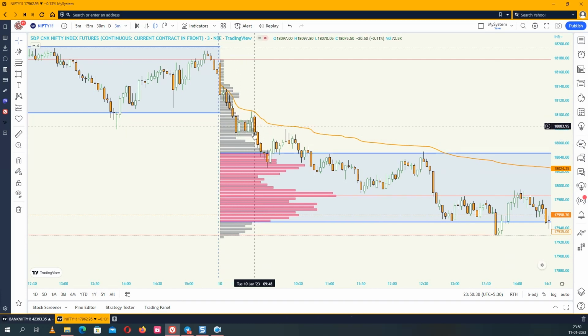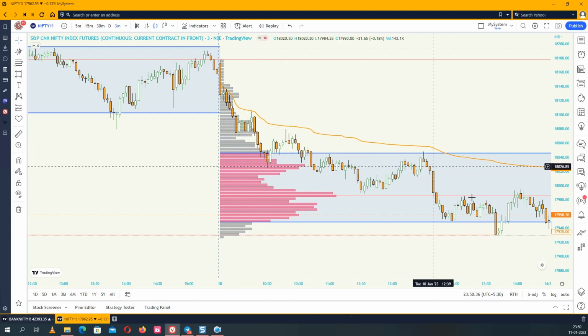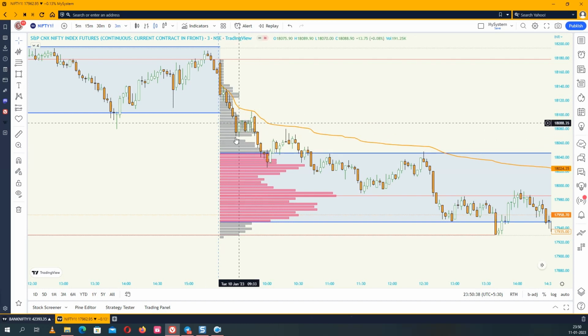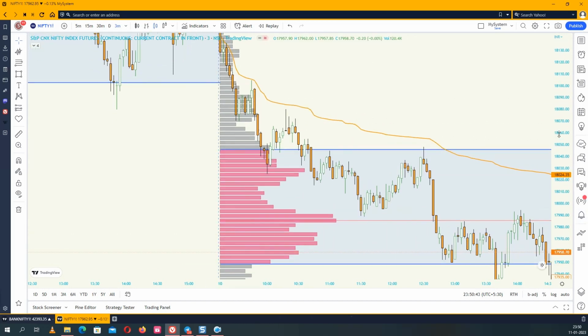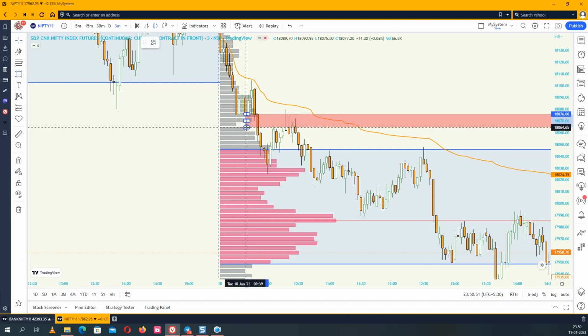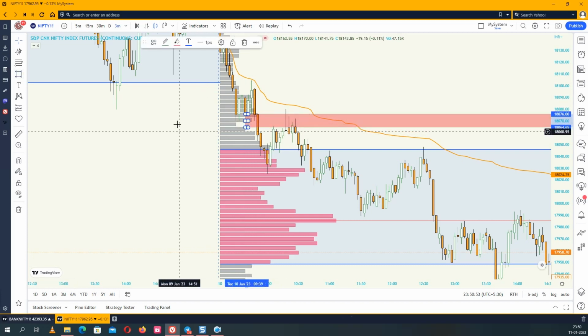So this zone is called the HVN, and yesterday's down move also happened from here. So that is why this is the LVN and this is the HVN. That is why this zone is the point of interest, right? So I marked that zone as a resistance zone.